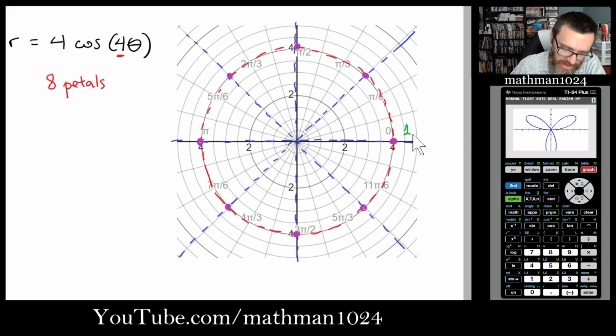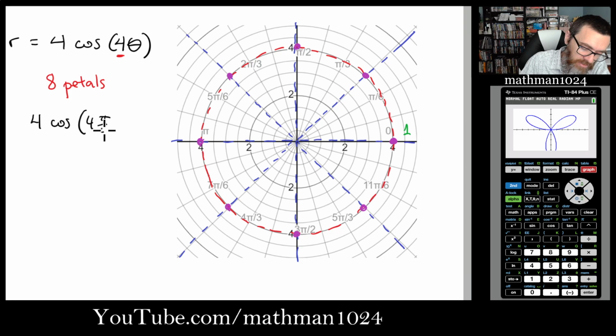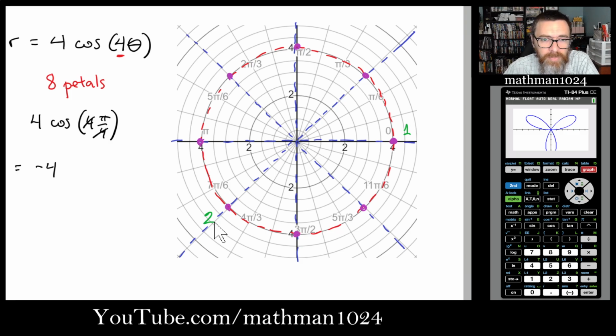So if I plug in pi over 4, so 4 times cosine of 4 times pi over 4, those guys reduce. I would have 4 cosine of pi, so that would be negative 4. So the first place that I get to at pi over 4, he'd actually be pointing back here to the negative 4, so this would be my second place that I would go to.